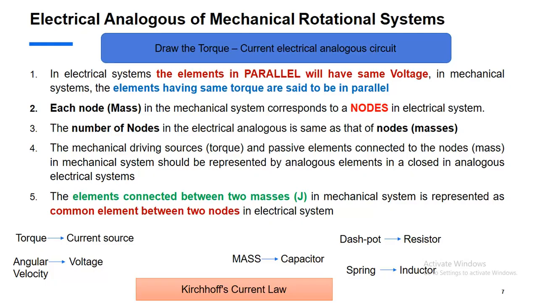In case of the torque current electrical analogous circuit, the torque is represented as a current source, angular velocity is represented as voltage, mass, that is moment of inertia J, is represented as capacitor, dash part is represented by resistor, and spring is represented by inductor. Here we are using Kirchhoff's current law to write the node equations.